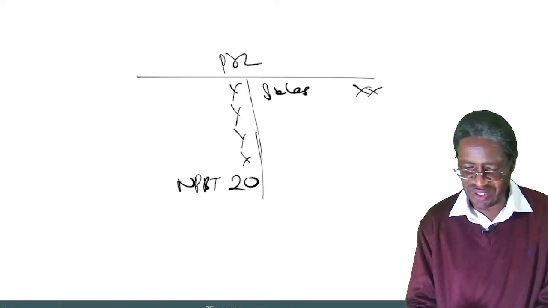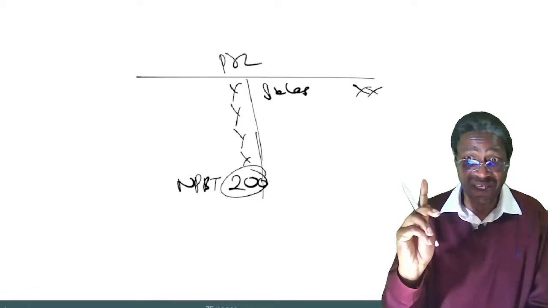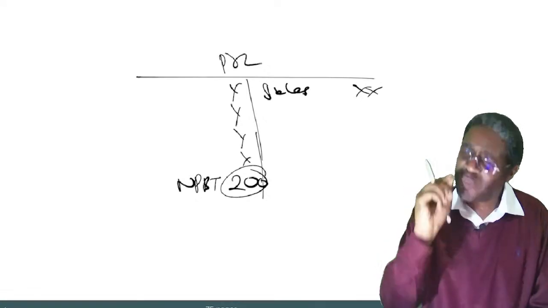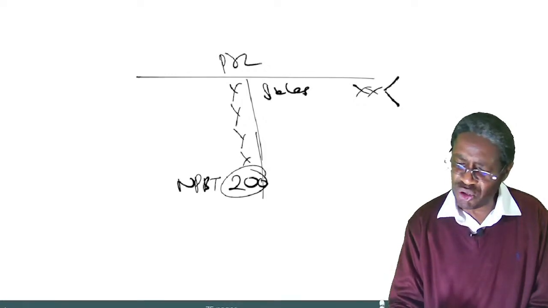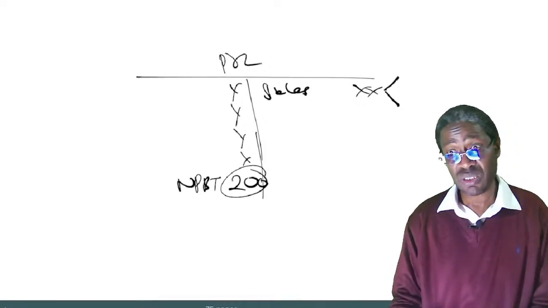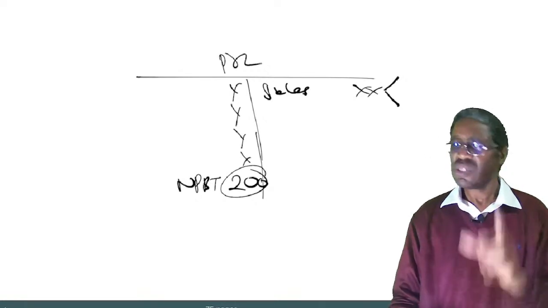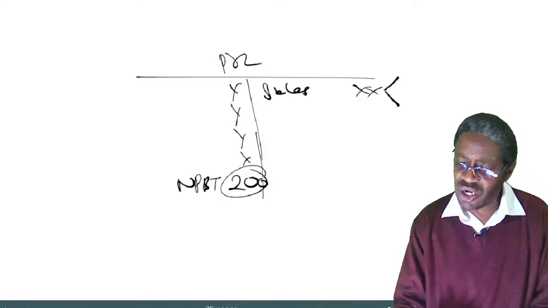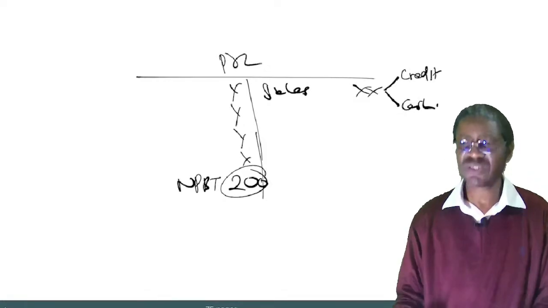Whatever it is, let's say 20 million or 200 million. But listen carefully now. When you are preparing this income statement, the sales that you brought into the P&L account are the total sales of the company. That total sales include credit sales and cash sales.